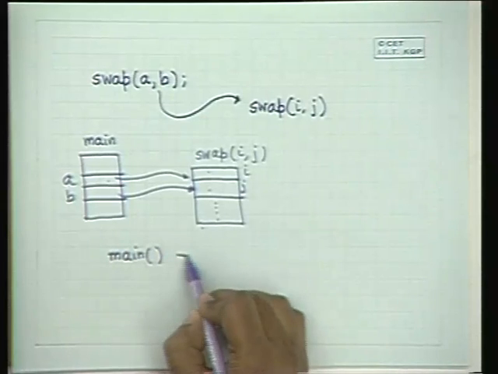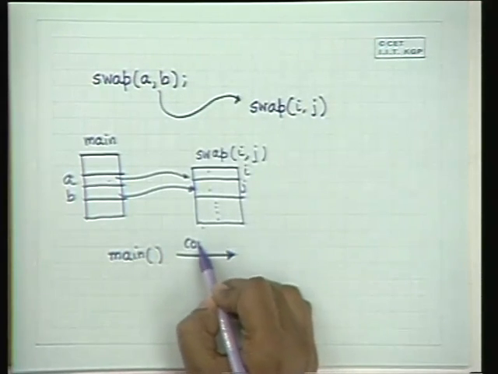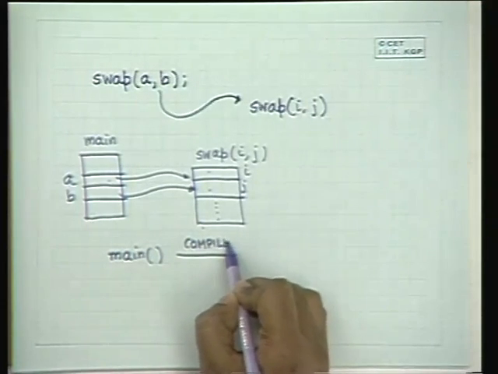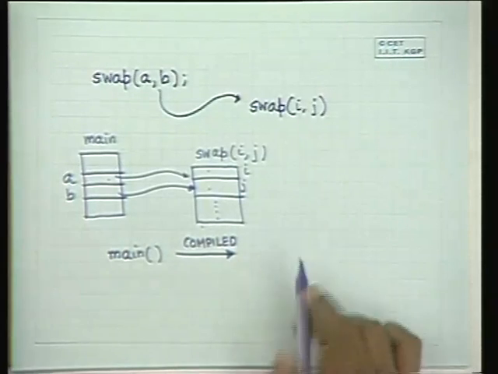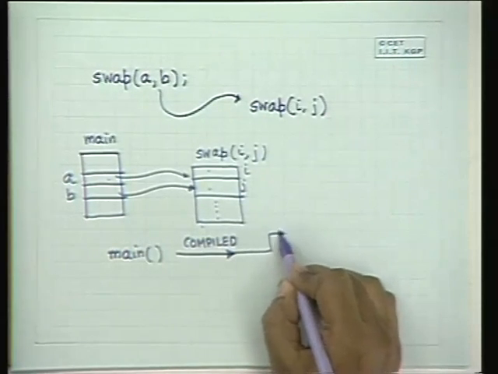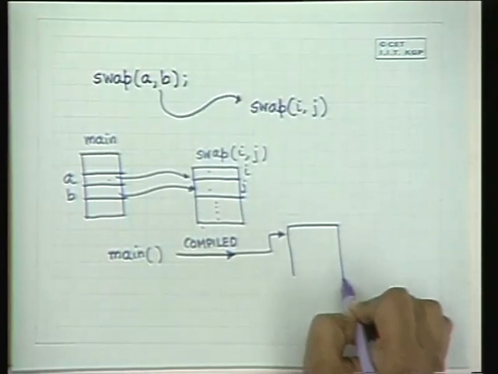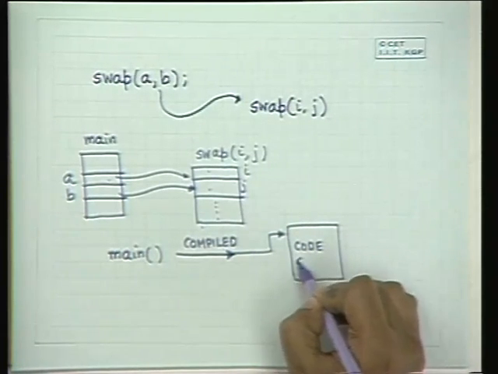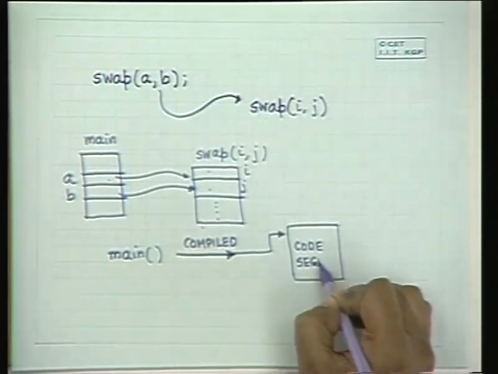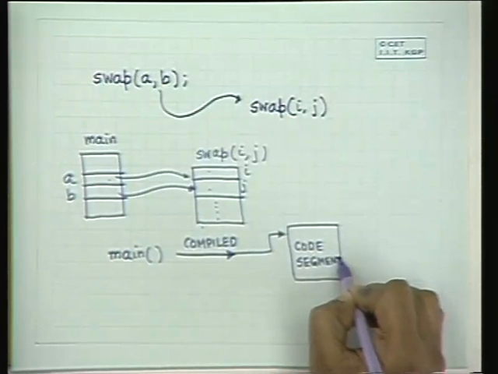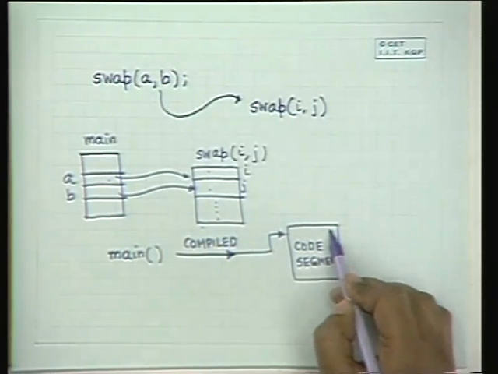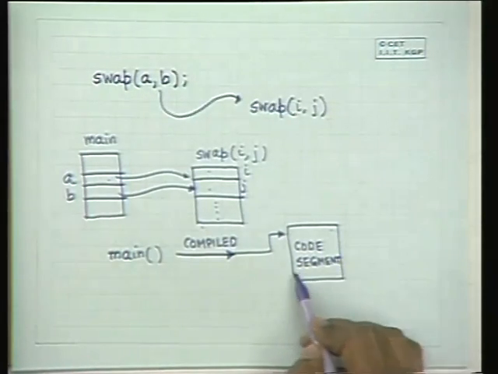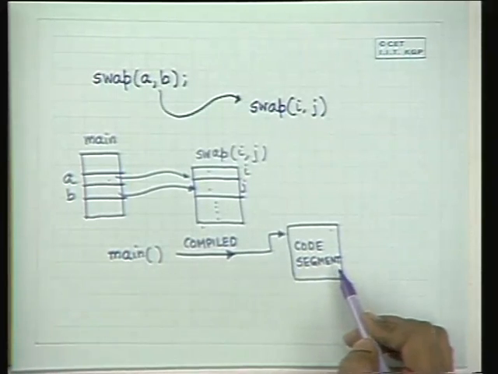Now when it is compiled, it is compiled into two parts. One is called the code segment, which contains the machine code for the program and some locations for certain types of data.